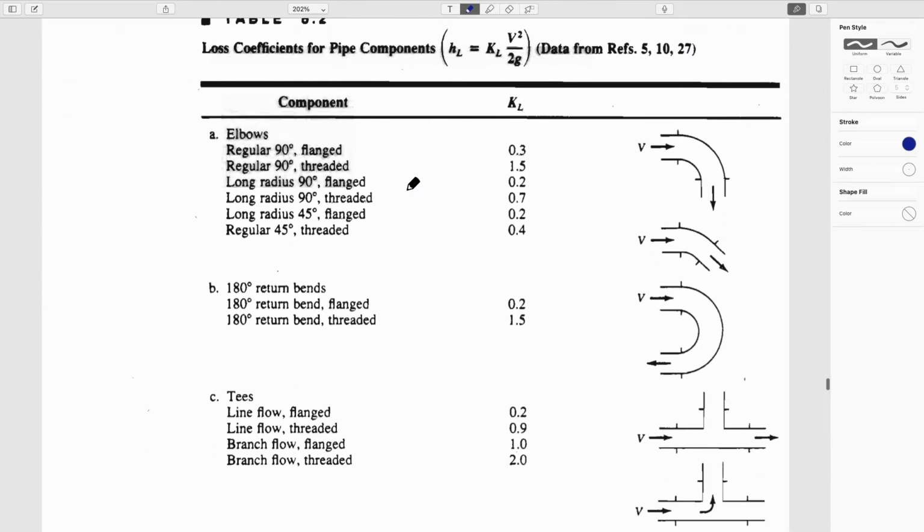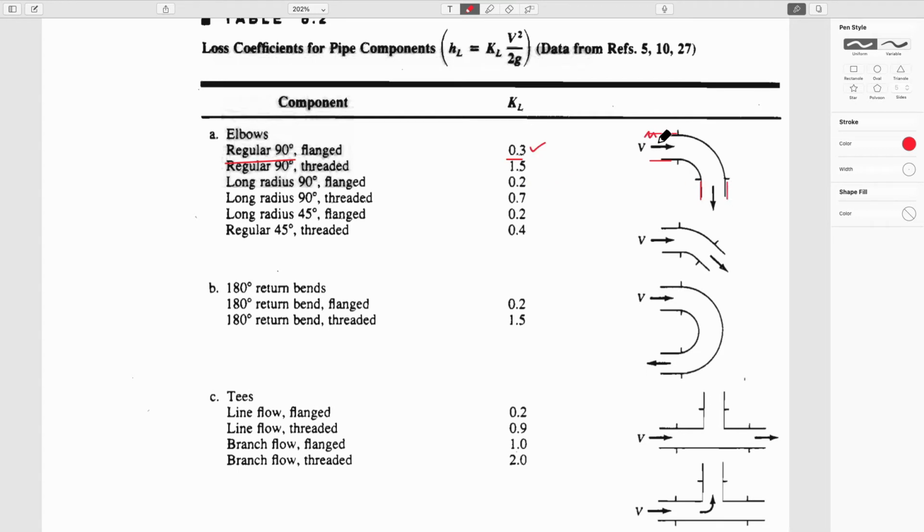And so I'll just go to this table. And I think we looked at this table already because I already today took some of the writing off it. But you can imagine that if you have elbows, a 90-degree elbow, you have a loss coefficient. If it's flanged, in other words, if you have a nice smooth transition into the elbow and out of it, then it's a relatively small number.